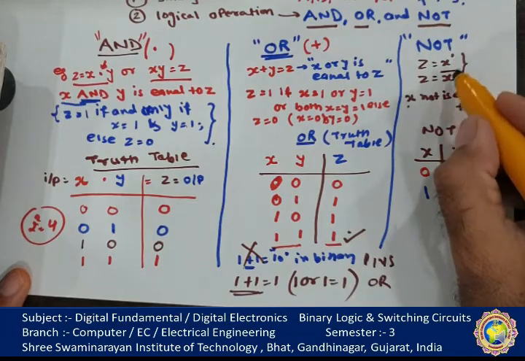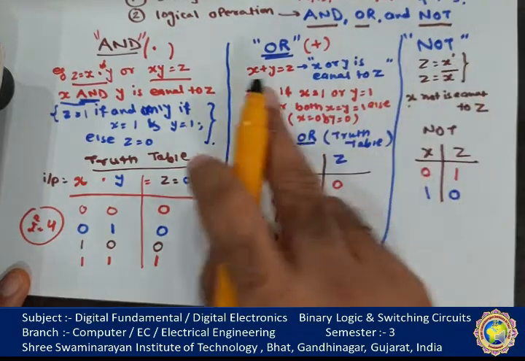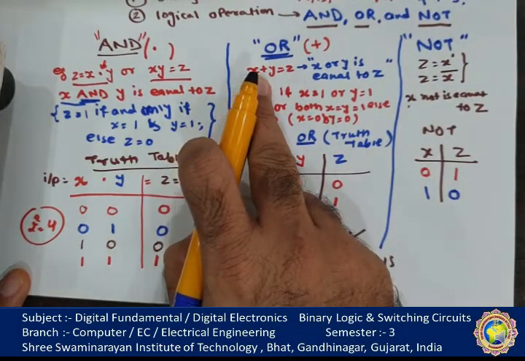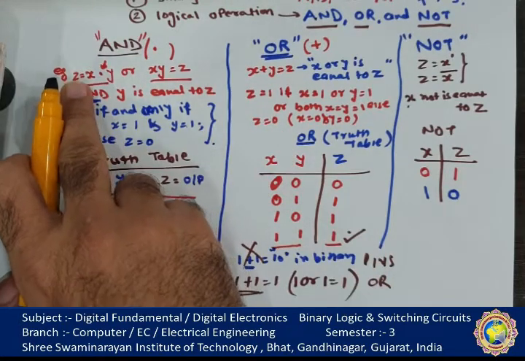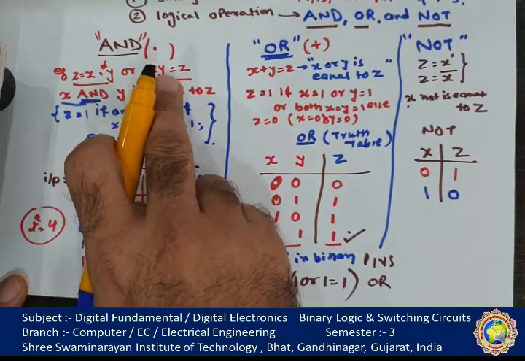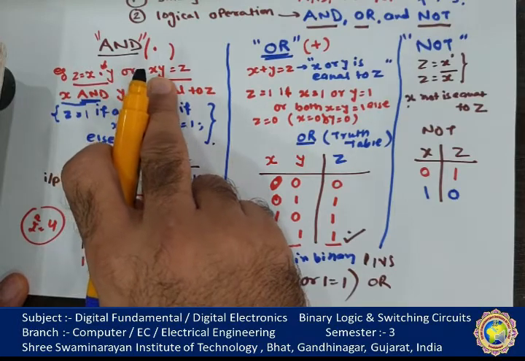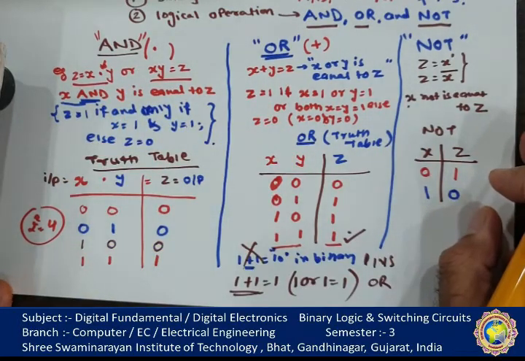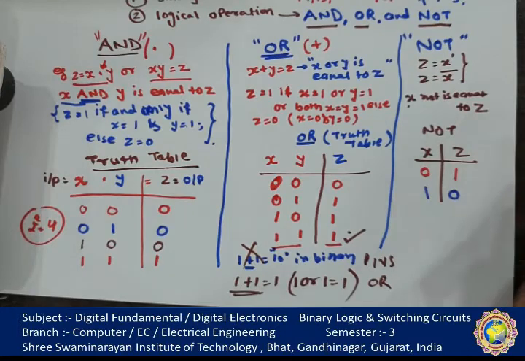It is indicated by X dash or X bar. OR logic has the plus symbol, while AND logic has a dot or no symbol. So this table clearly demonstrates the definition of the operations of binary logic.